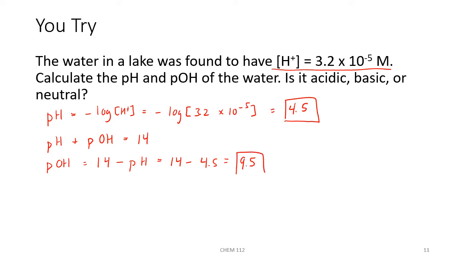When deciding if it's acidic, basic, or neutral, that is usually defined upon the pH scale, not the pOH scale. So we want to look at our 4.5 for that. Our pH is less than 7, therefore the solution is acidic.